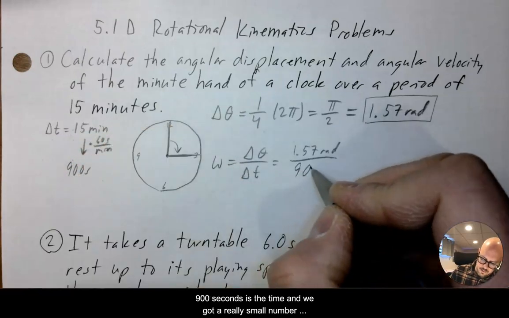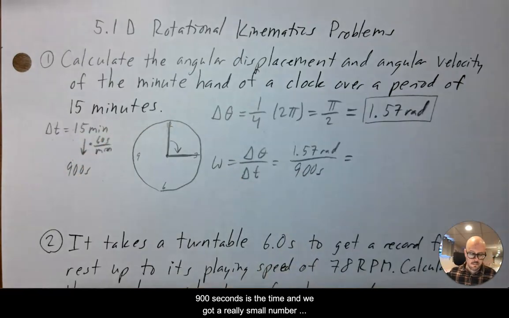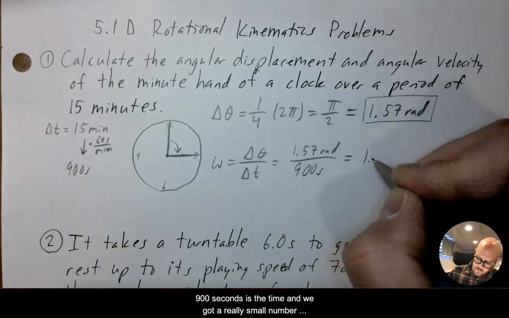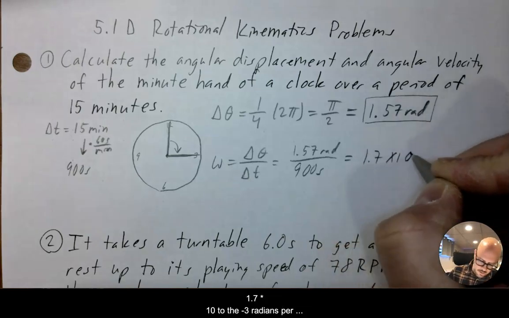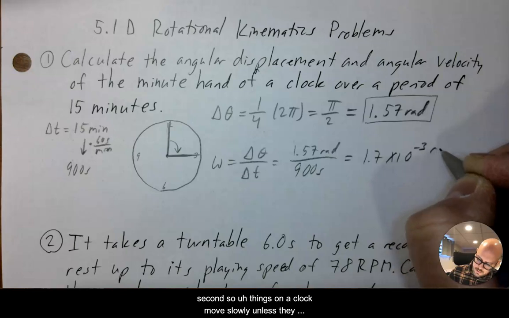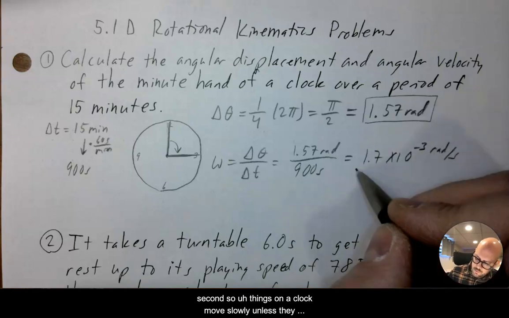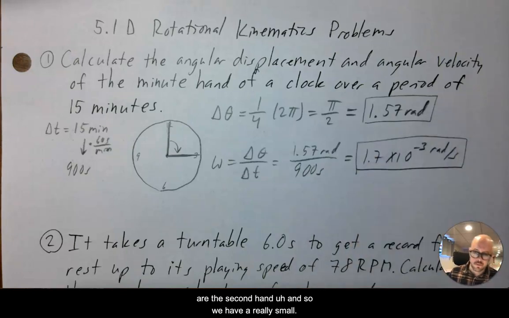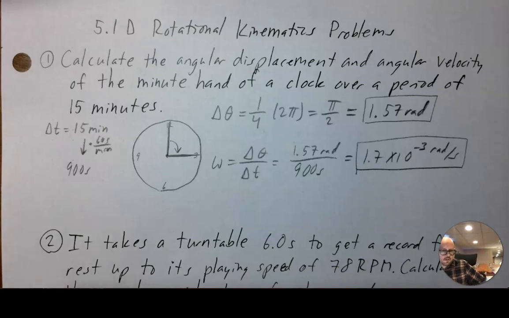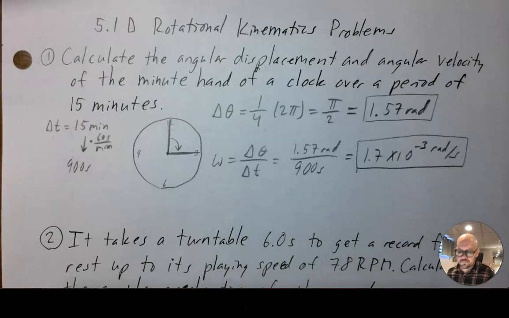So 900 seconds is the time, and we get a really small number, 1.7 times 10 to the negative 3 radians per second. So things on a clock move slowly unless they're the second hand. And so we have a really small constant angular speed, basically, of that clock.